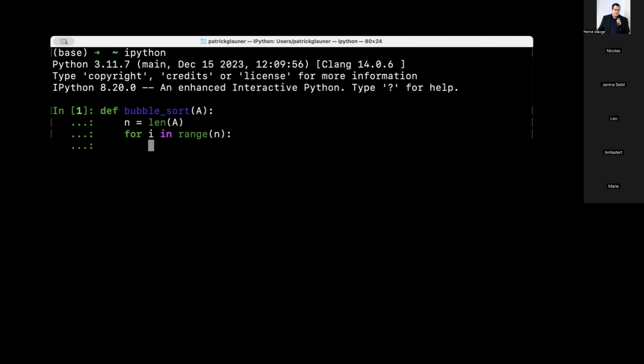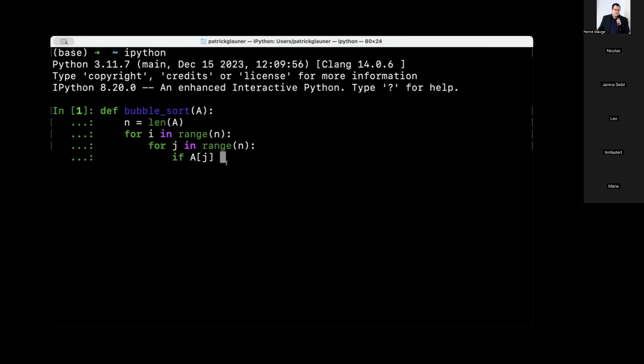But we also need an inner loop to do the actual swapping. So again, an inner loop that is n in the range. And we can say, if the element at position j, so with the inner loop, we do one pass of our data, but we need multiple passes through the data, and this is what the outer loop guarantees.